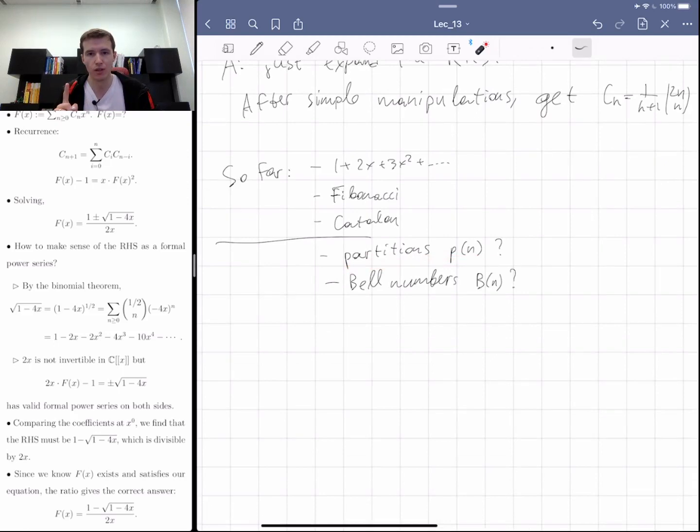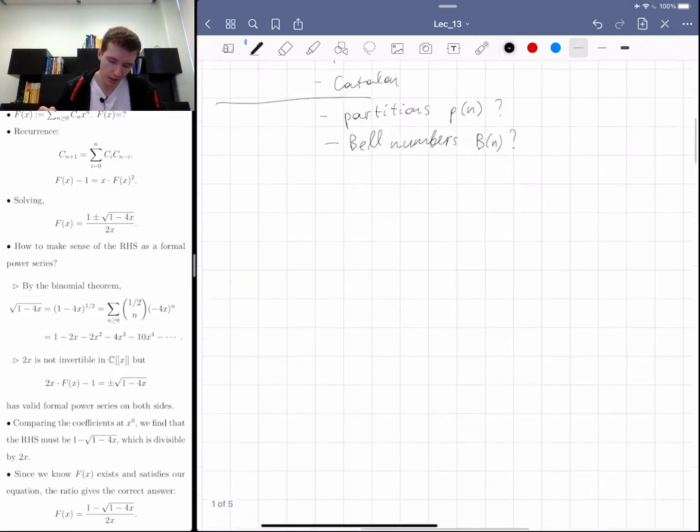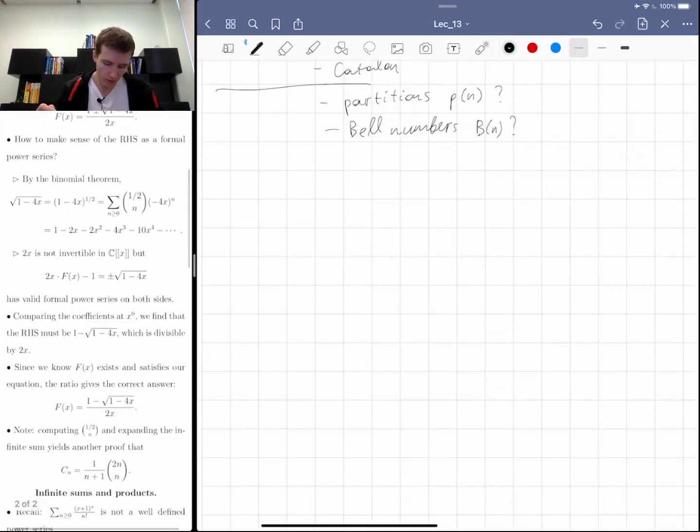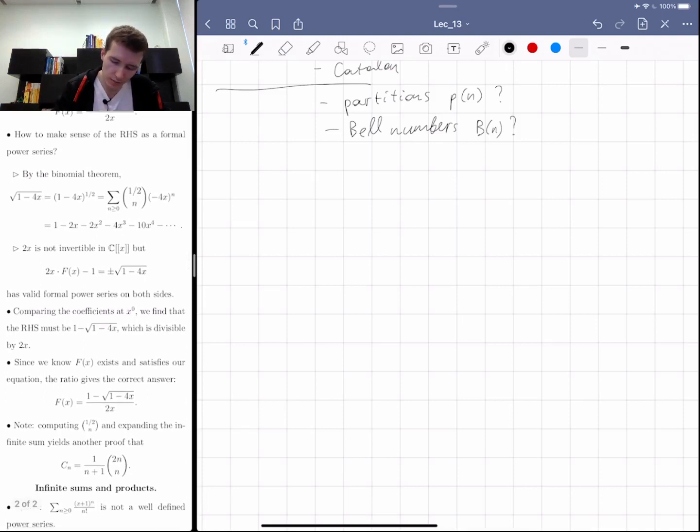But to be able to work with them efficiently, I'm going to have to introduce some other piece of formal machinery to work with formal power series, and that's going to be using infinite sums and products.